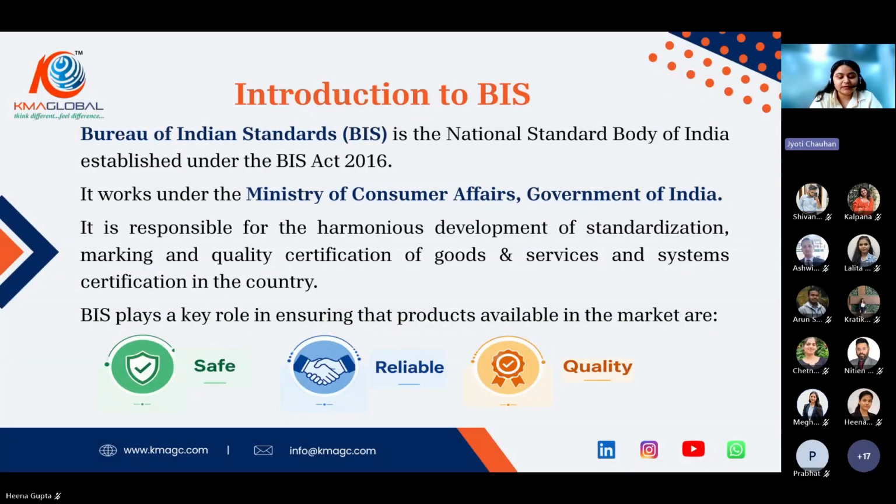It is a mark of trust, safety, and quality backed by Bureau of Indian Standards. The mark was originally introduced as the ISI mark by the Indian Standards Institute, and after the establishment of Bureau of Indian Standards under the BIS Act, it continued as the ISI mark under BIS, becoming India's most recognized symbol of product quality and safety.